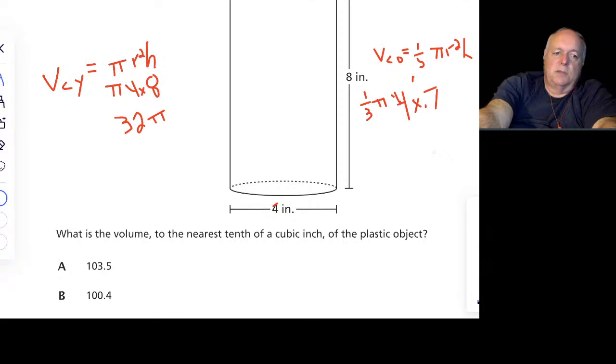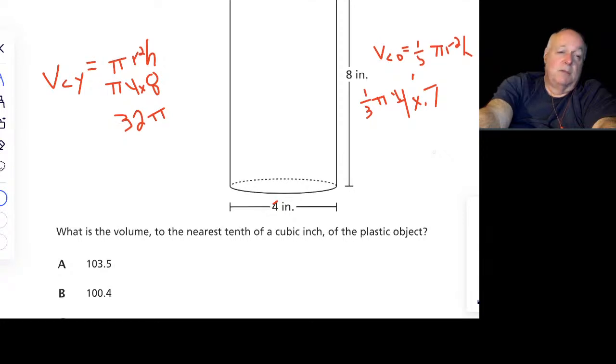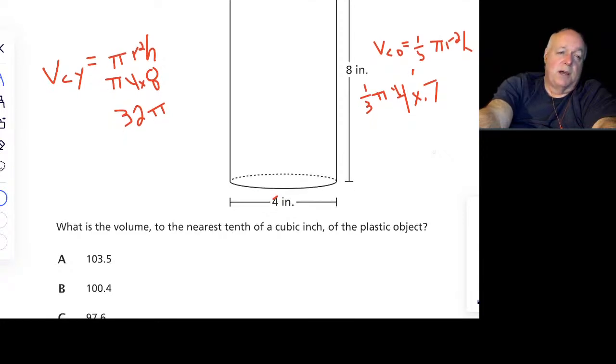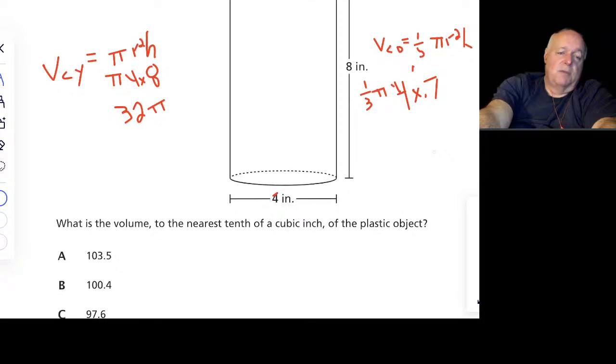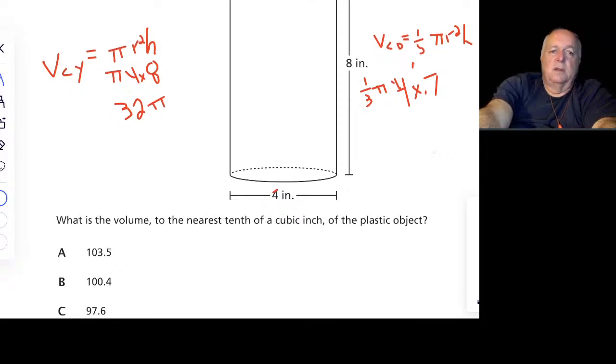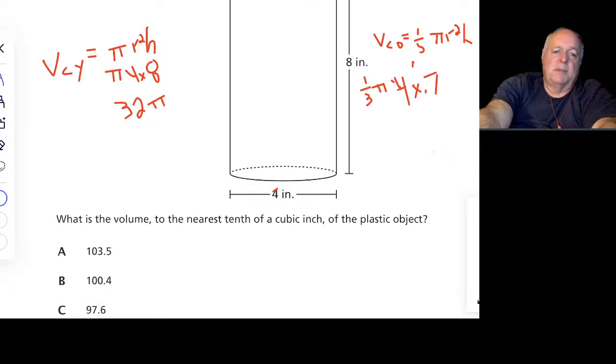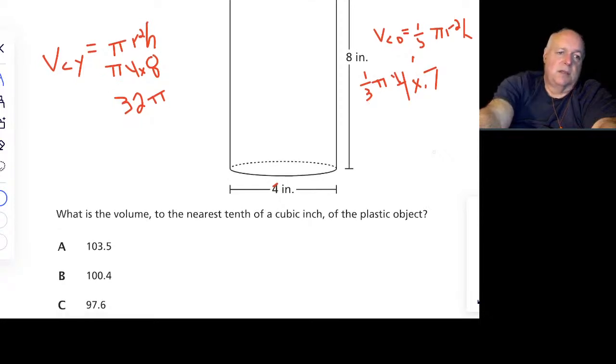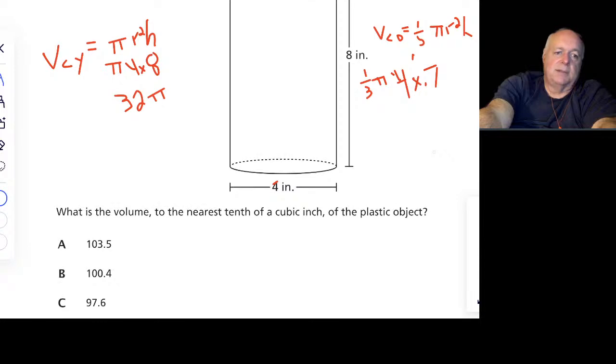So you might argue these are all large numbers so far. Yes, but remember on the left side we have 32 pi. So we're going to use like 3.1415. And many of your calculators have a pi button, so you would just click 32 multiplied by the pi button.